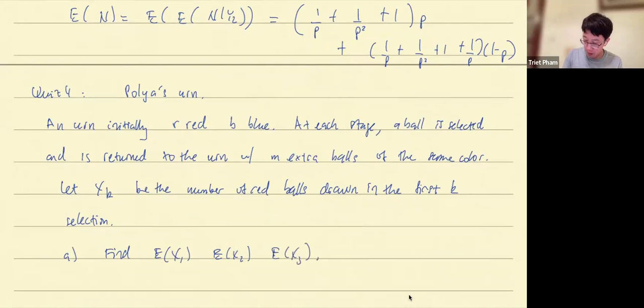And again, here you see some sort of induction going on. At each stage you draw, the number of red and blue will change, of course, but there's some kind of pattern in how they grow. And B asks you to find the expectation of Xk in general and explain the intuition behind that.